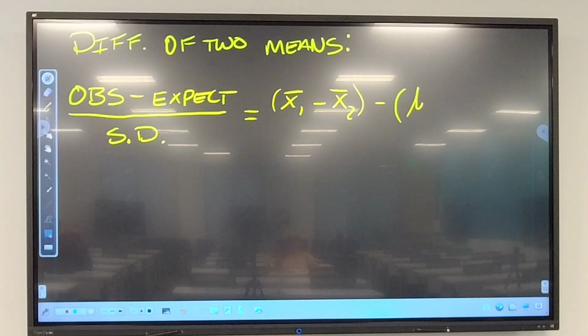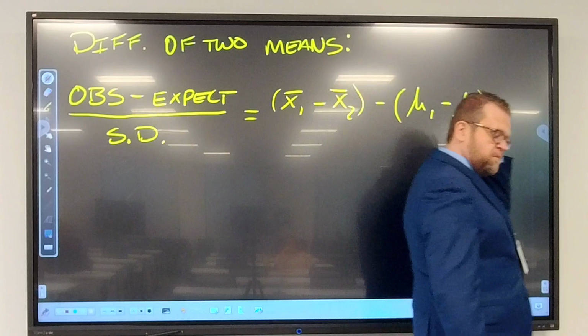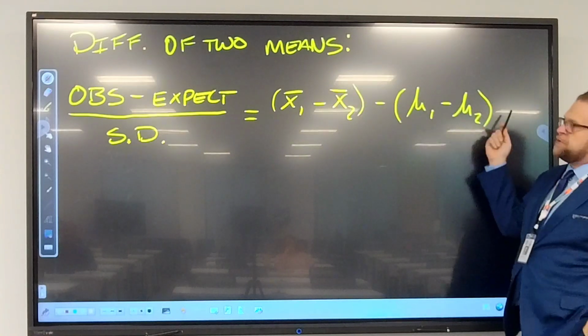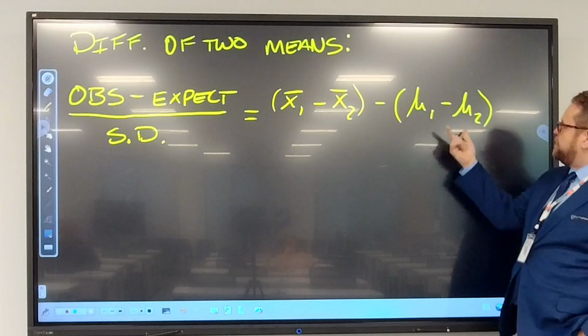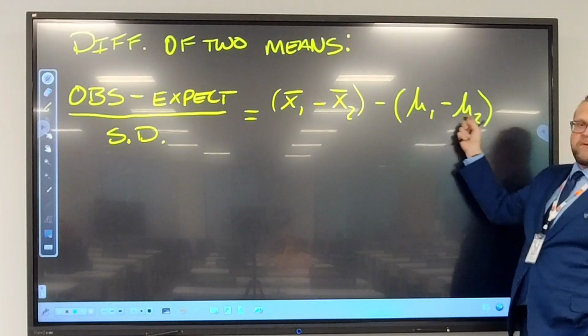And then mu1 minus mu2, well, that's the difference that we expect to see between those 2 years. Now, if my expectation is that there shouldn't be any difference at all, then this quantity here would be 0, because they're the same number.